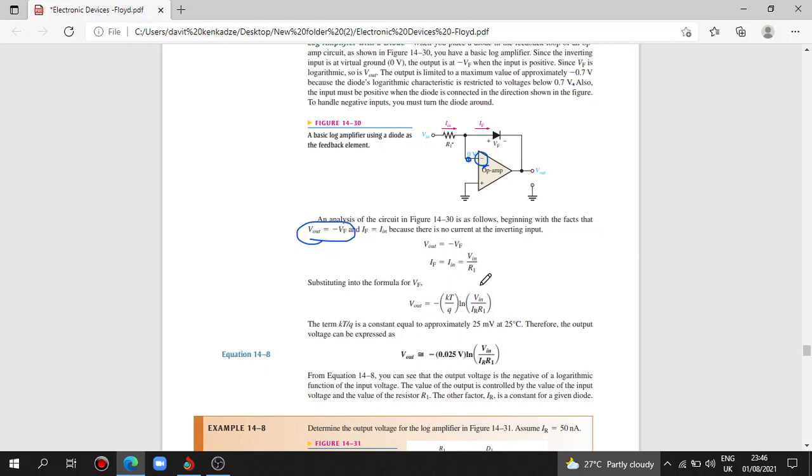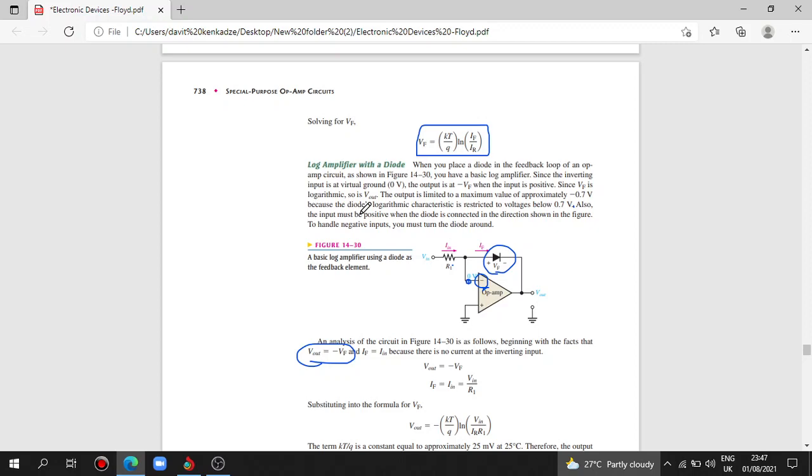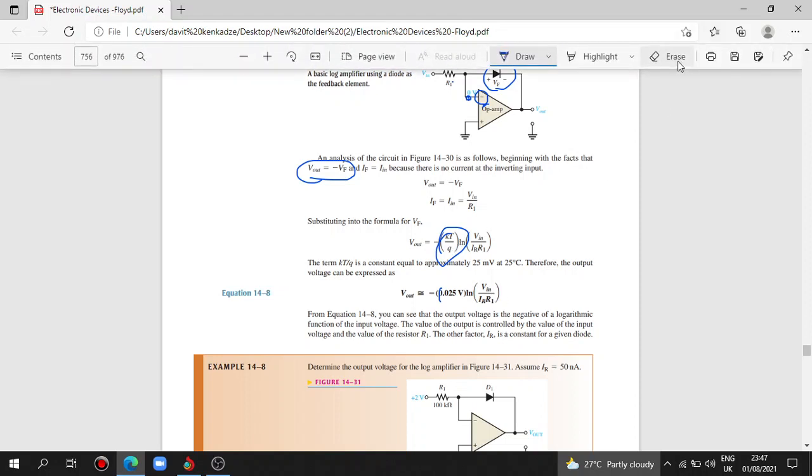What's minus Vf? Vf is this diode formula, and kT over q is a constant. Vout is minus (Vin over R1) and so on.